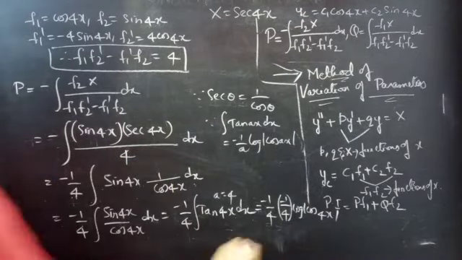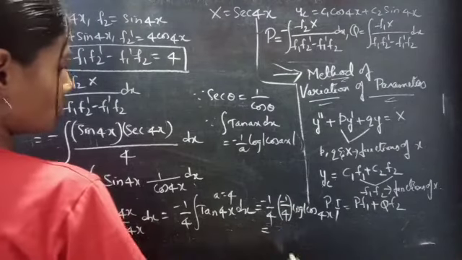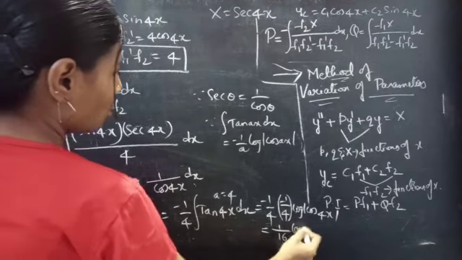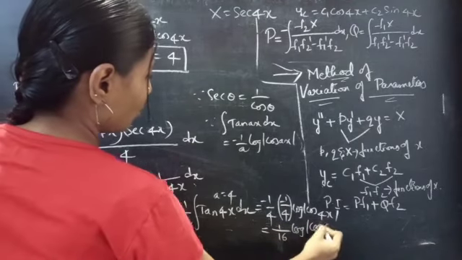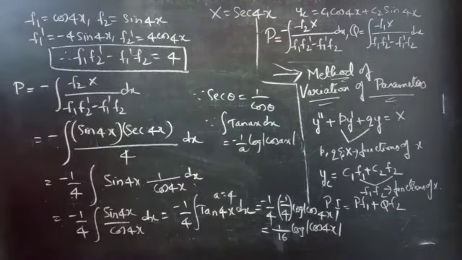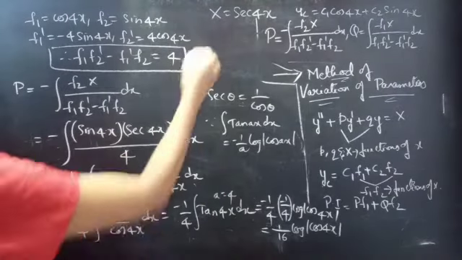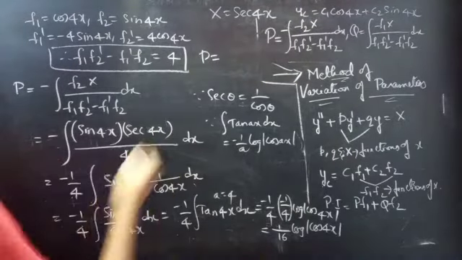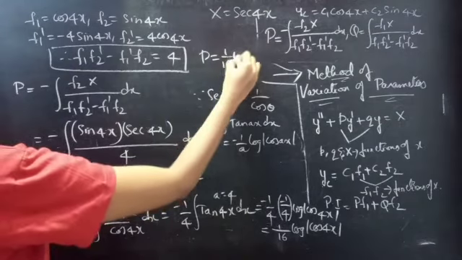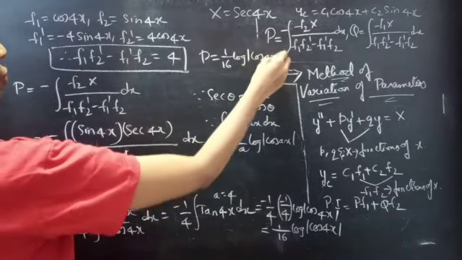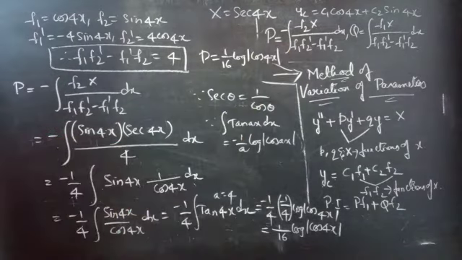Which equals minus into minus plus 1 by 4, 4s are 16, log mod cos 4x. Now we got the value of p, right? Therefore p equals 1 by 16 log mod cos 4x. Now we need to find q.